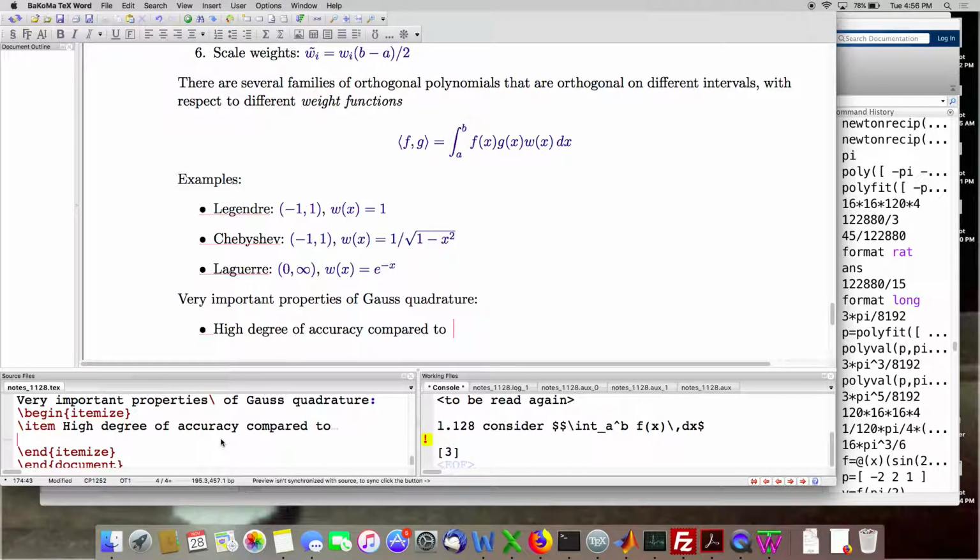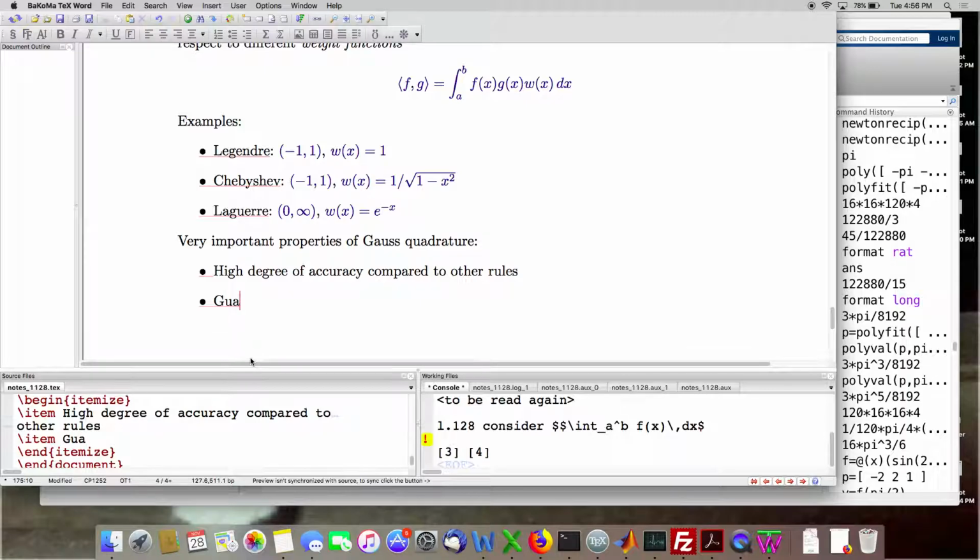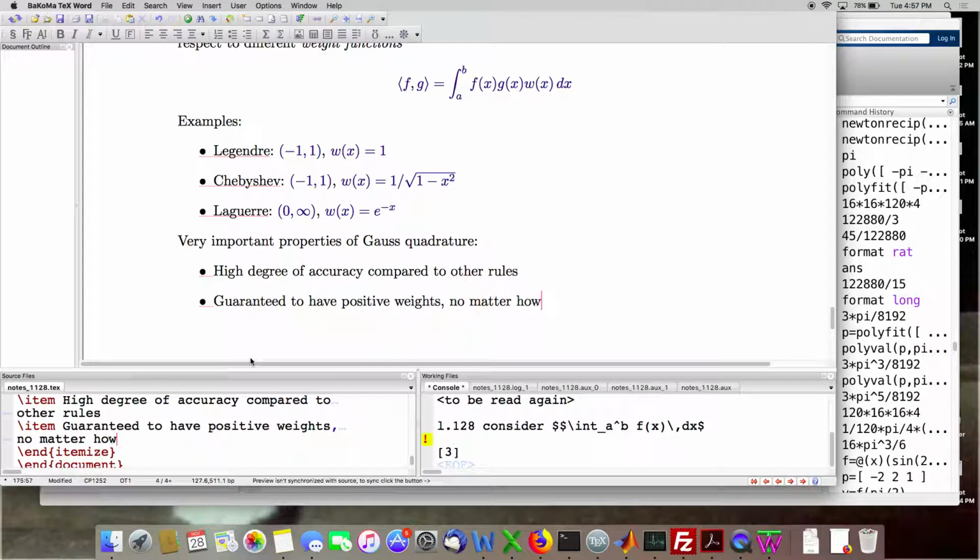For instance, a Newton-Cotes rule with n nodes has degree of accuracy at most n. But a Gauss quadrature rule is degree 2n minus 1, almost twice the degree. So they're much more accurate. Also, they're guaranteed to have positive weights, no matter how big n is. So that's where Newton-Cotes rules break down.